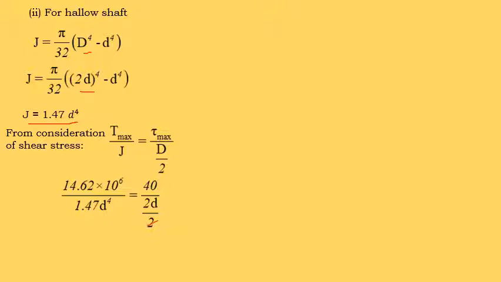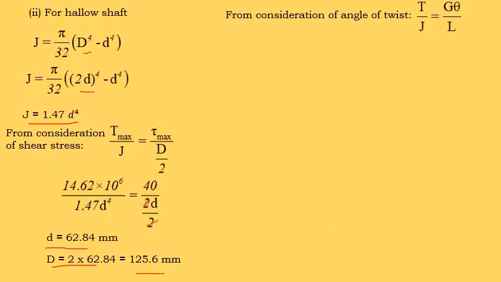So here 2 get cancelled, and in the left hand side and right hand side of the equation we have small d. Therefore, after simplification, we got small d value, d is equals to 62.84 millimeter, and capital D becomes 2 times of small d, therefore 2 into 62.84, the capital D value becomes 125.6 millimeter.